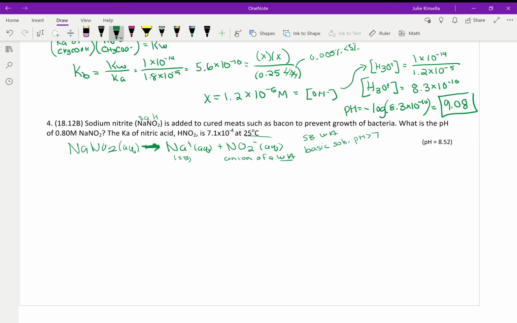So I am concerned with the nitrite ion and how it's going to react with water. So I have my nitrite ion. It's going to react with water. Water is going to donate a proton to the nitrite, and then it forms hydroxide in solution, which will give it its basic properties. I'm going to go ahead and set up my ice table.